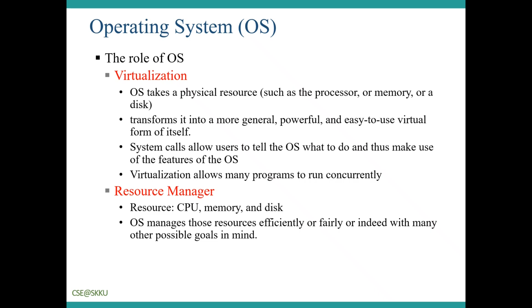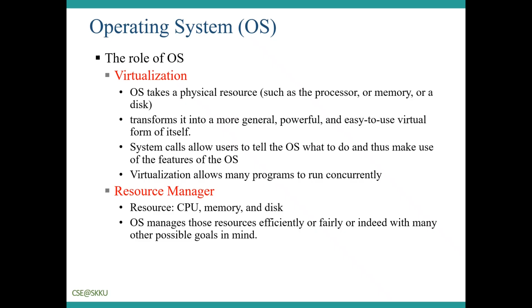The primary way the OS does this is through a general technique that we call virtualization. That is, the operating system takes a physical resource such as processor, memory, or disk and transforms it into a more general, powerful, and easy-to-use virtual form of itself.